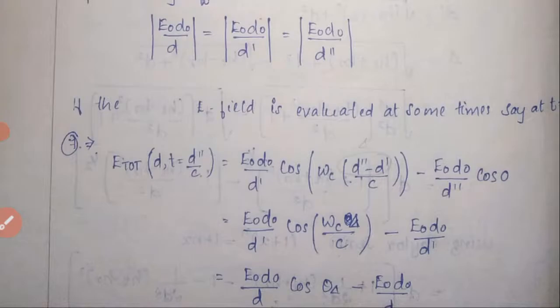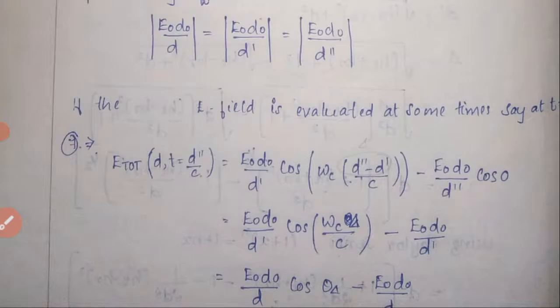So the total electric field is E naught d naught by d dash cos omega c into t minus d dash by c, where in place of t we substitute d double dash by c. So we get d double dash minus d dash by c, minus E naught d naught by d double dash.